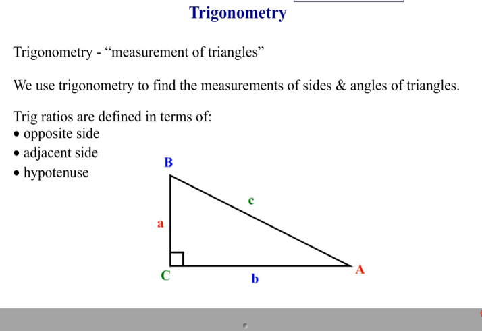Okay, now, the opposite and adjacent sides are determined by what angle you are starting from. So let's say that we're starting from angle A, right here.